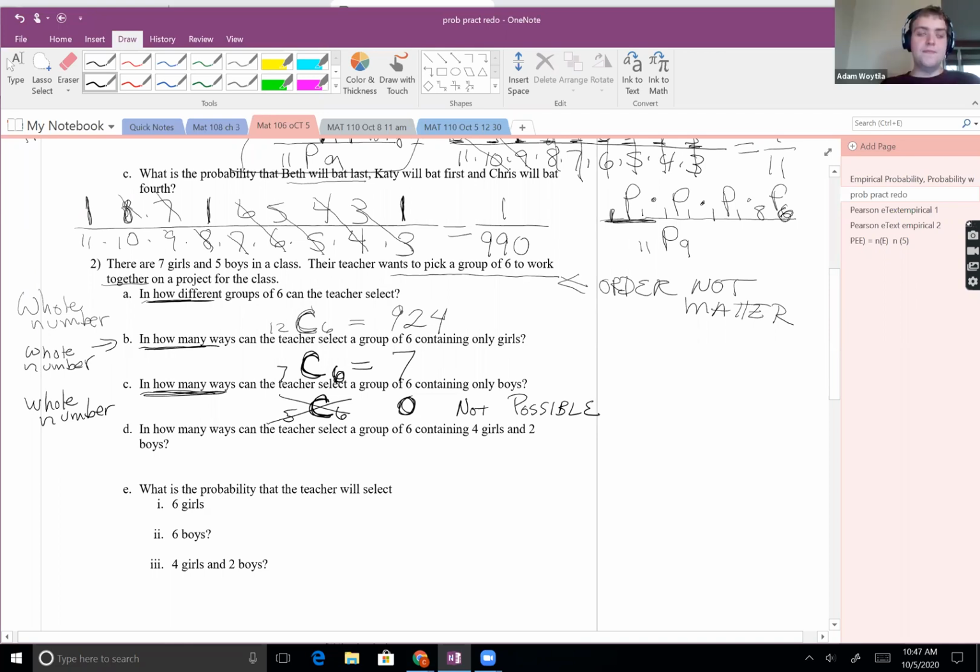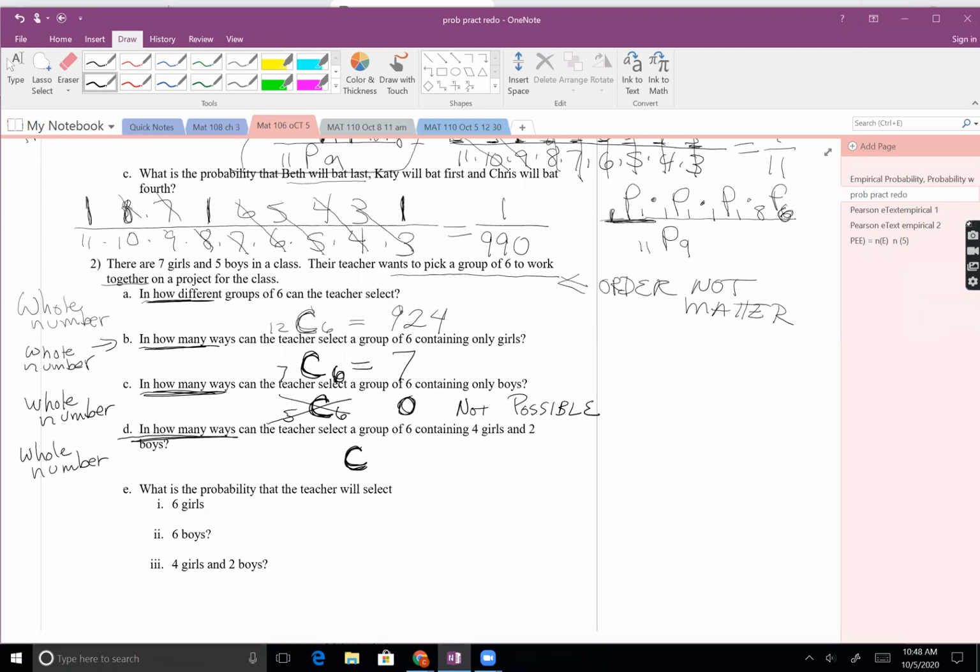D says how many ways? So again, it's a whole number. We want a group of 6. This time we want 4 girls and 2 boys. Order does not matter, so I'm thinking combination. But will 1 combination be enough?